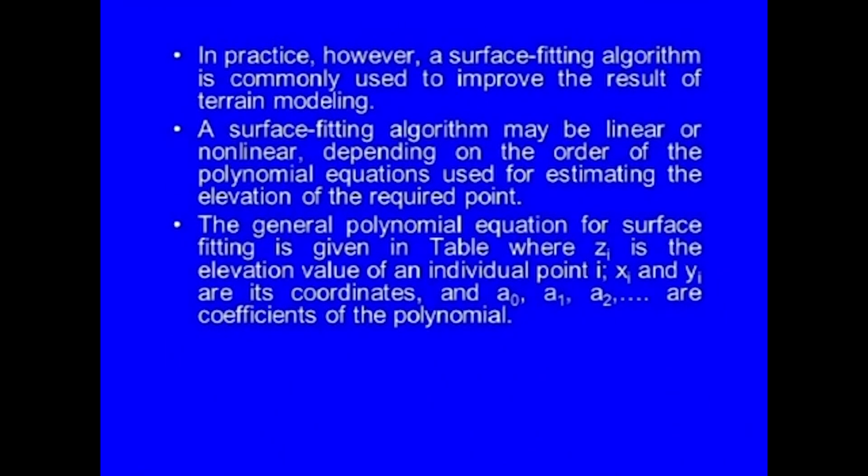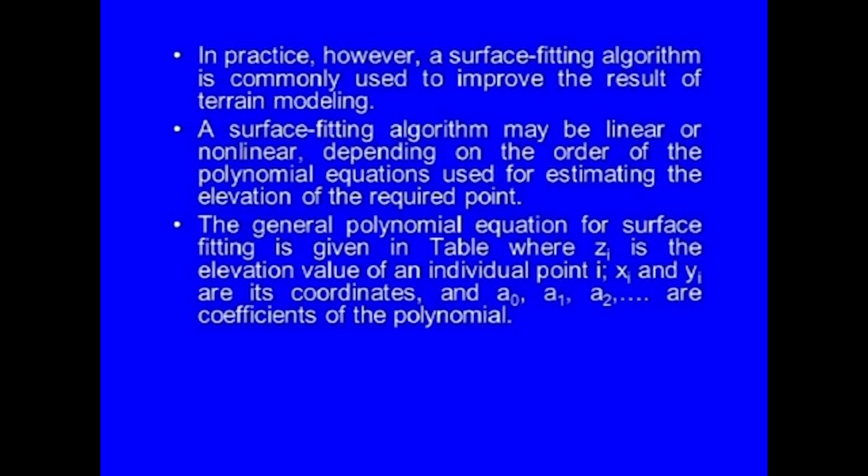In practice, however, a surface fitting algorithm is commonly used to improve the result of the terrain modeling. The surface fitting algorithm may be linear or non-linear, depending on the order of the polynomial equations used for estimating the elevation of the required point.